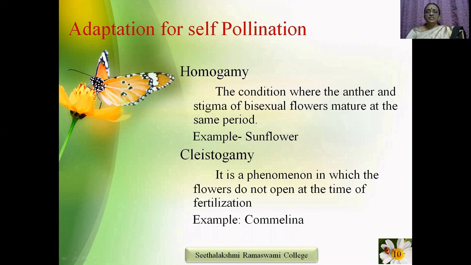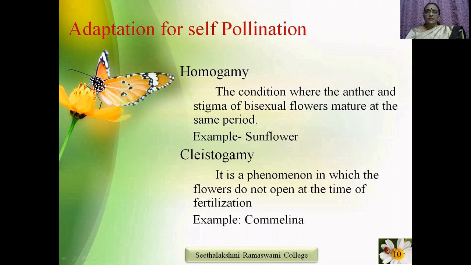The second adaptation for self-pollination is cleistogamy. In these cases, flowers never open. Cleistos means closed. In cleistogamous flowers, the flowers do not open at the time of fertilization. The pollen is shed within the closed flowers, so self-pollination is obligatory.